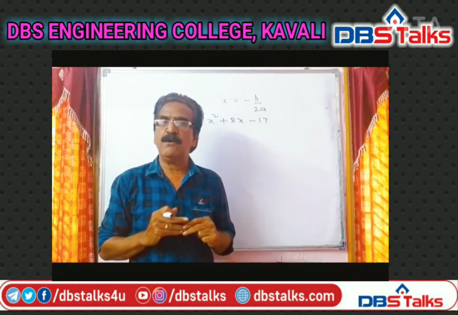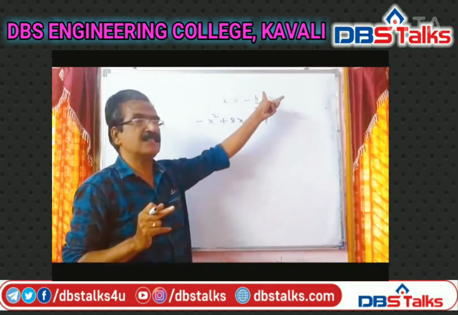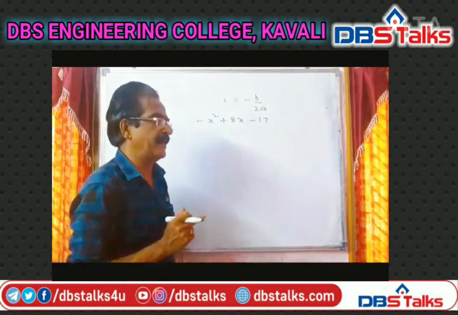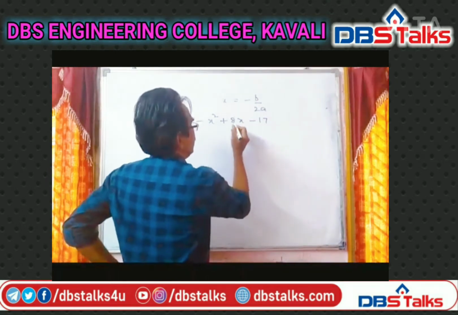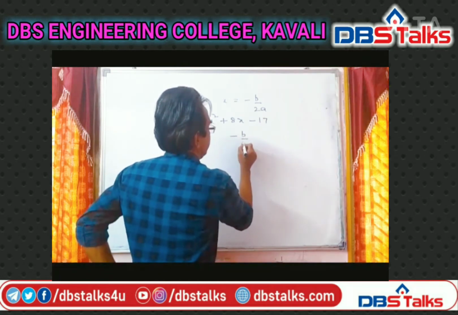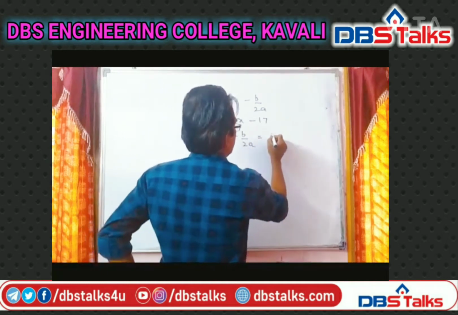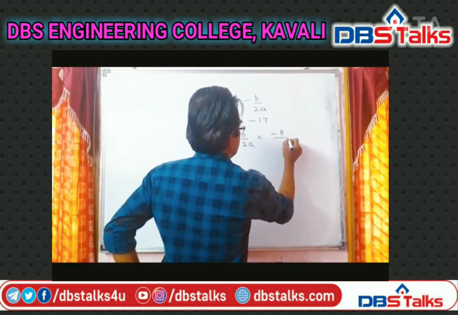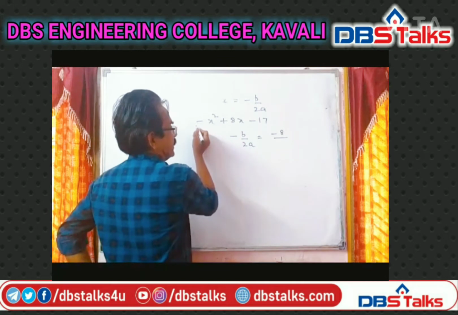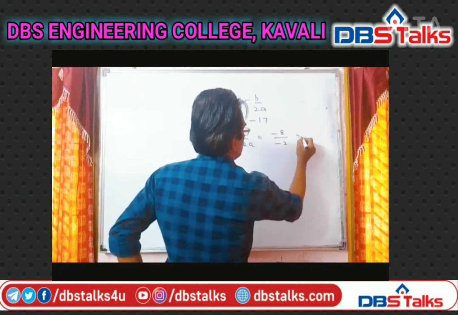This expression will have maximum value at which point? At x is equal to minus b by 2a. So first let us find the minus b by 2a value. Minus b by 2a, b is equal to 8, so minus 8 by 2a. A is equal to minus 1, so 2 into minus 1 is minus 2.